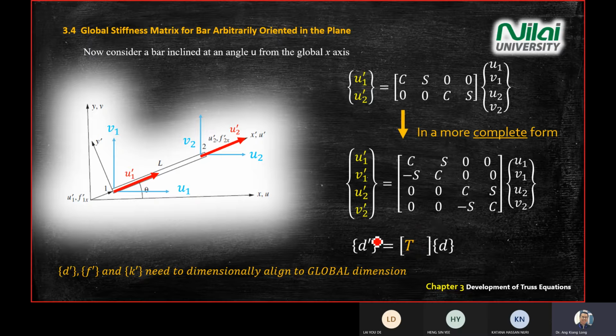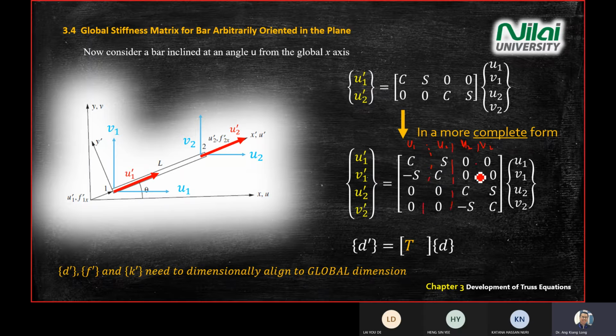We can write d prime equals T d. So your T represents this 4 times 4 matrix. Again, we will see 0, 0 at the right hand corner of the matrix and 0, 0 at the left corner of the matrix. Again, this is the U1, V1, U2, V2 column.